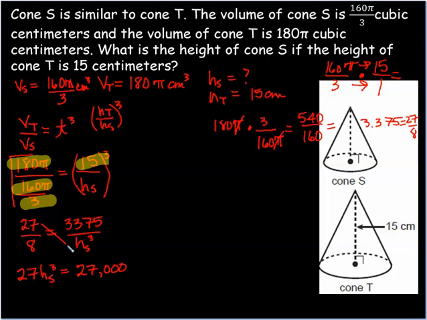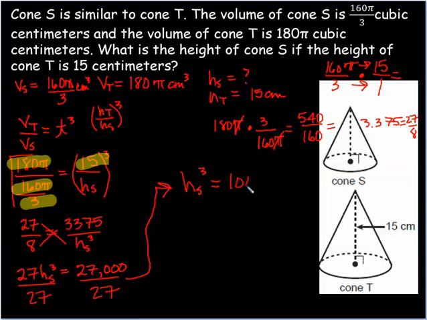Okay, so 27 times HS cubed, there we got it, the height of cone S cubed, equals 27,000 when I multiply 8 times 3,375. Now I'm going to divide both sides by 27 so I can get that H cubed all by itself. So I've got HS cubed equals 1,000.